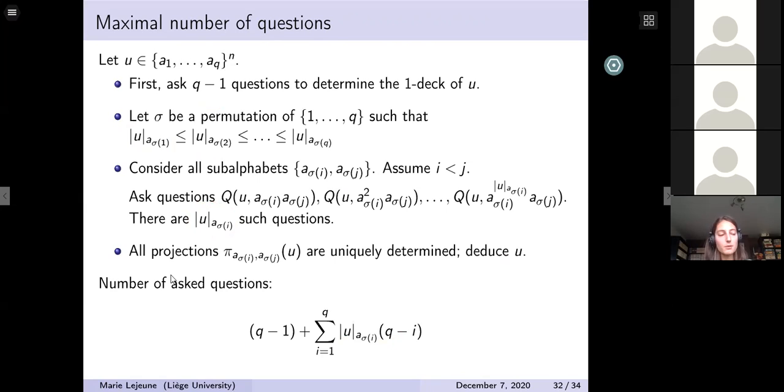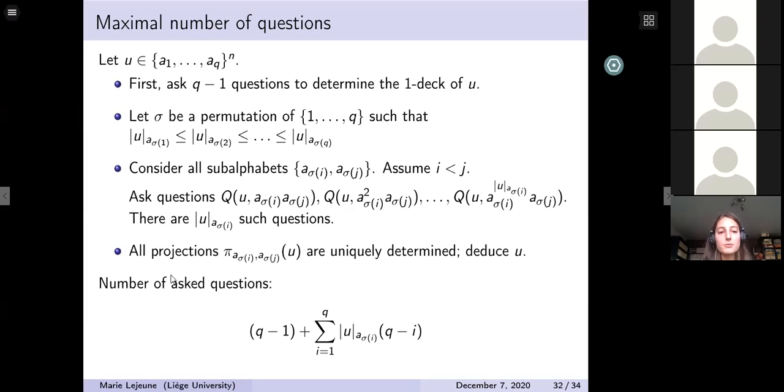So this is the first term of the sum. Then the letter a_sigma2 also appears in Q minus 1 subalphabets. But in the first subalphabet, a_sigma1, a_sigma2, it won't be used since it's a_sigma1 that will be used. But then it's used in all the other subalphabets. And so this is how you get this number of questions.